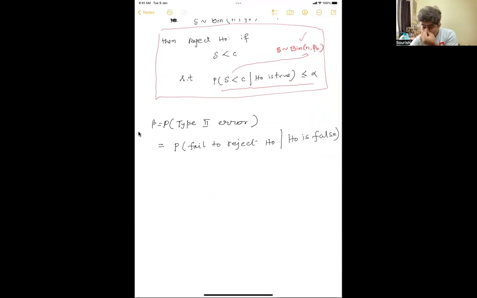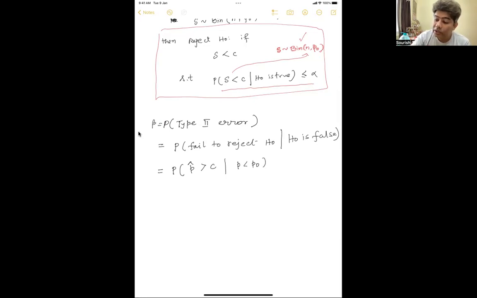Now, for test 1, it will be the probability that P hat fails to reject, meaning P hat is greater than C, but H naught is false. H naught is false means P is less than P naught. But which P will we calculate?